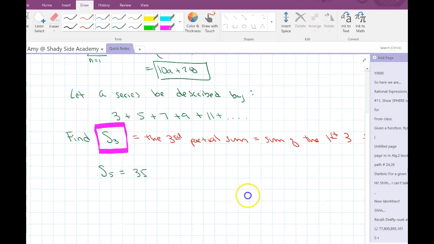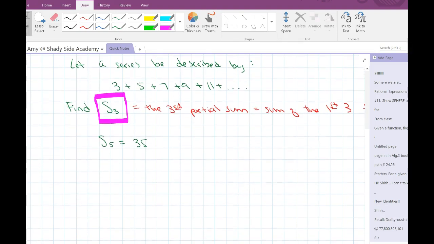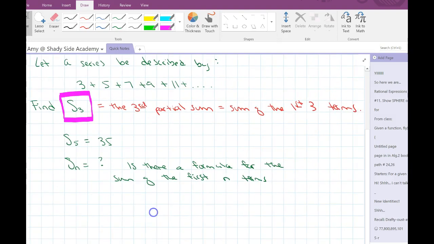Okay, well, let's see if I can find an expression for the nth partial sum. Okay, and when I ask the question S sub n, really what I'm asking for essentially is, is there a closed formula for the sum of the first n terms of what kind of a series?